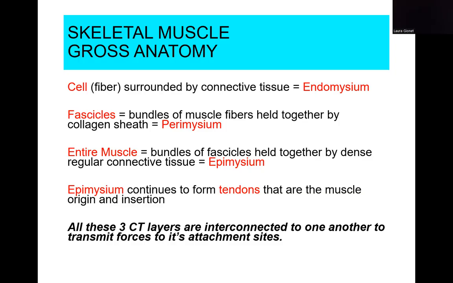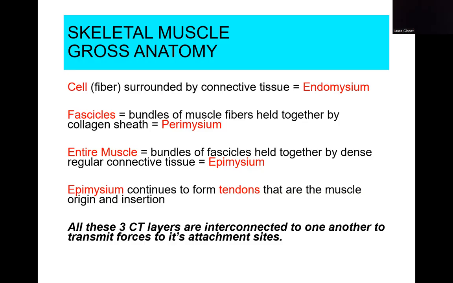Then cells and fibers become packaged together, and all their endomysiums coalesce and form one entire perimysium, bundling them into one fascicle. And then all the fascicles' perimysiums coalesce to form the epimysium, which then continues as the white connective tissue that we see on models and in diagrams that attach the muscle to two different bones.